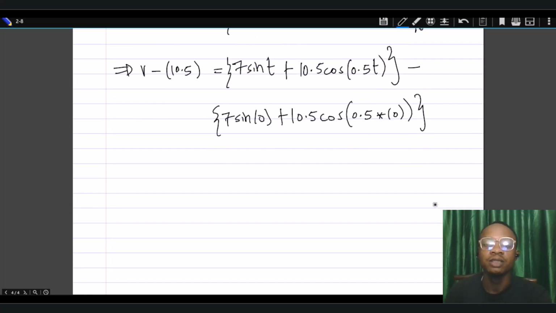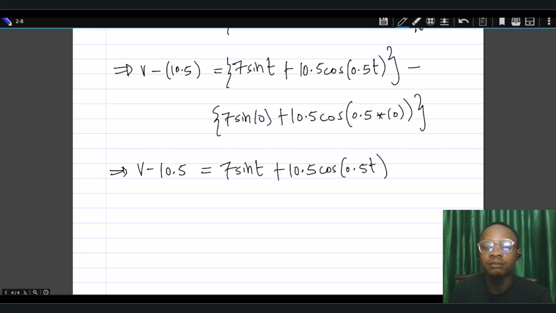So this gives us v minus 10.5 equals 7 sine t plus 10.5 cos 0.5 t, and then sine of 0 is 0.